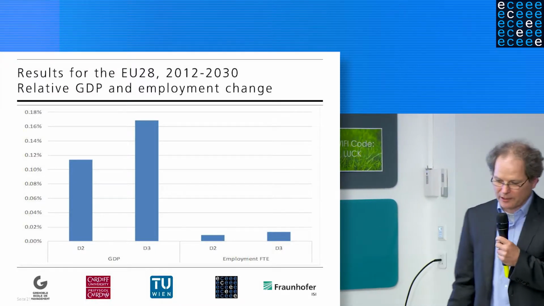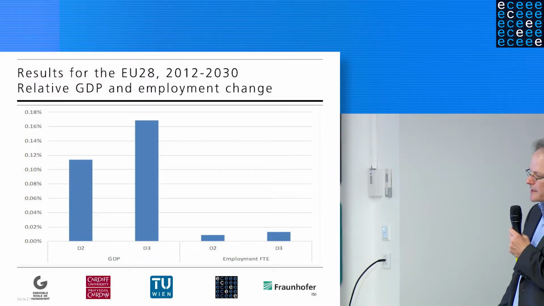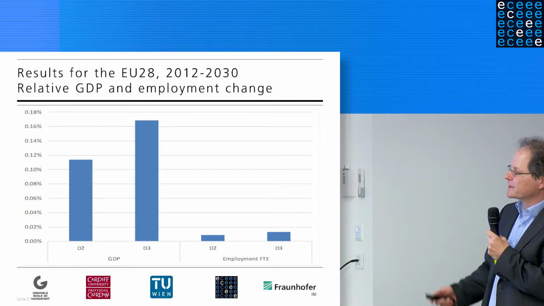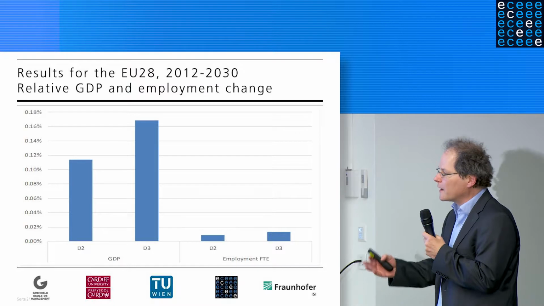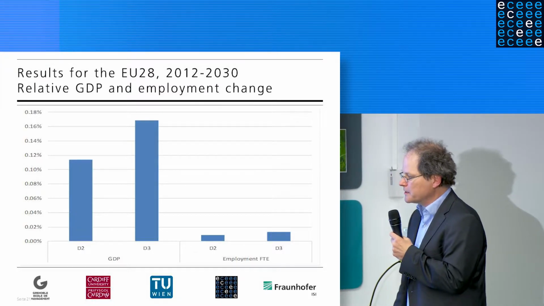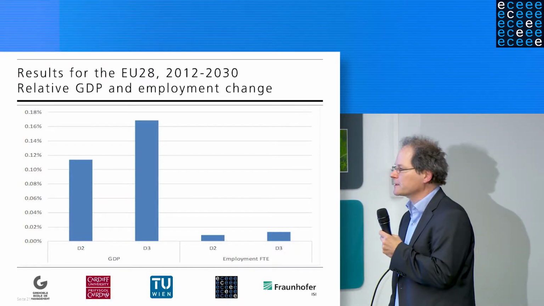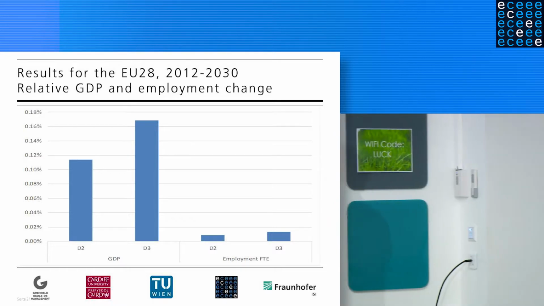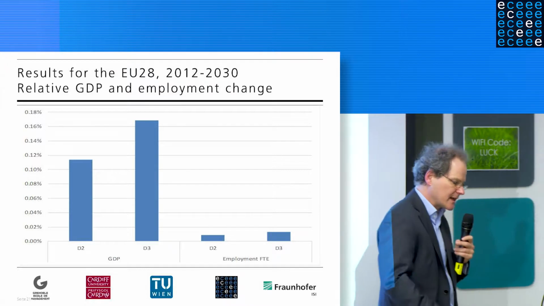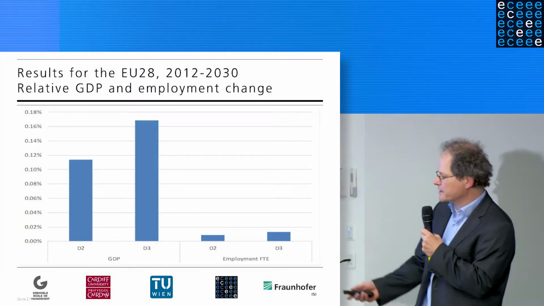If we put all of these impulses of the increased energy efficiency in these scenarios into our macroeconomic model, the results are that on average in each year the GDP in Europe is a little bit higher, about 0.1%, a little bit above that for the actor-specific scenario, which has a higher degree of energy efficiency.